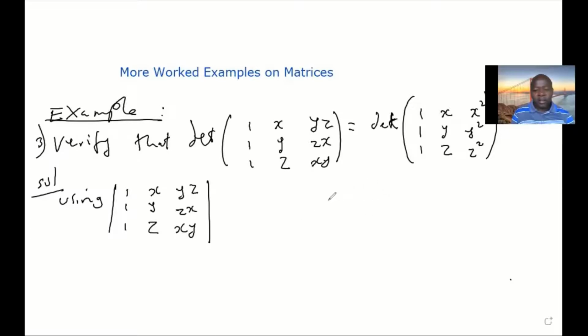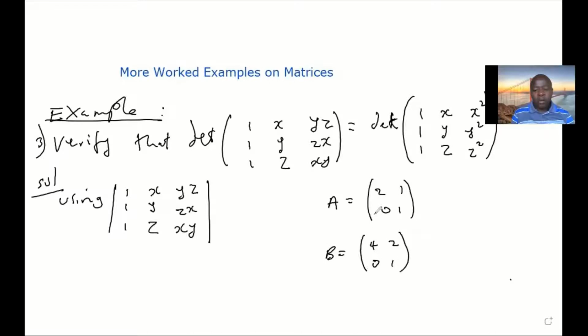What I mean is this: if A is this matrix 2, 1, 0, 1, then if I was to multiply that row by 2, 2 is a constant, I get 4, 2, 0, 1.